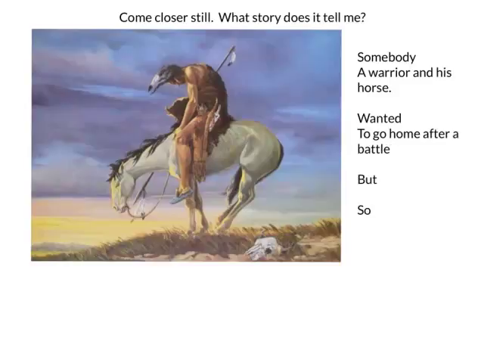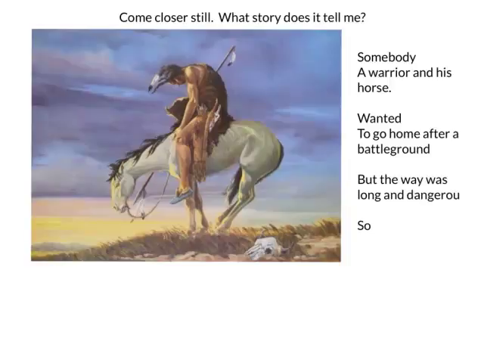Now, in every good story, there's always a but. That means there's some obstacle in the way. There's something he has to get around. So in this one, based on the evidence in that picture, in that the ribs of the horse show that he's hungry and the skull there, I'm going to say, but the way was long and dangerous. I think I have evidence to support that.